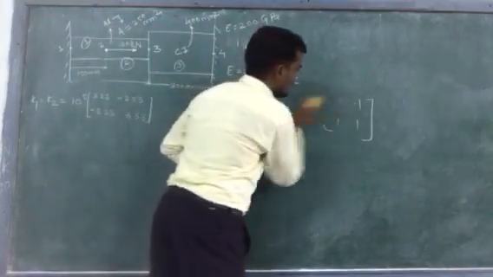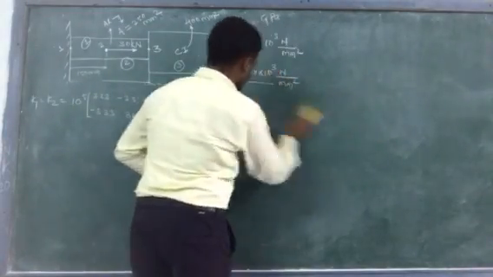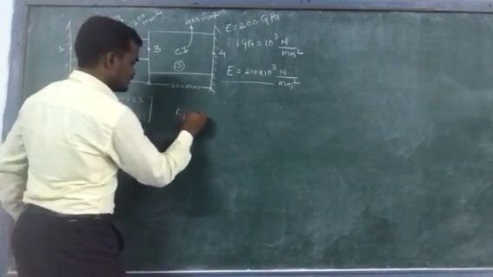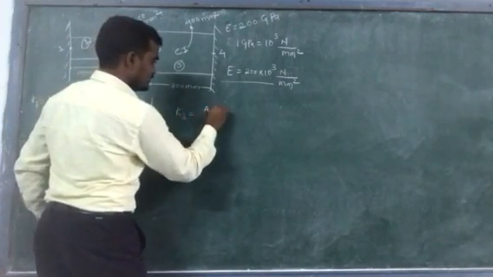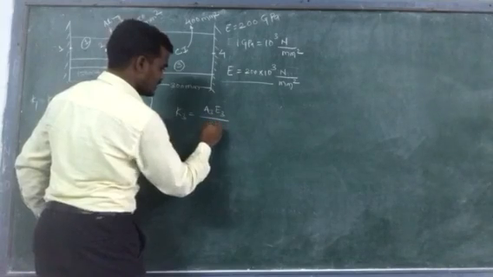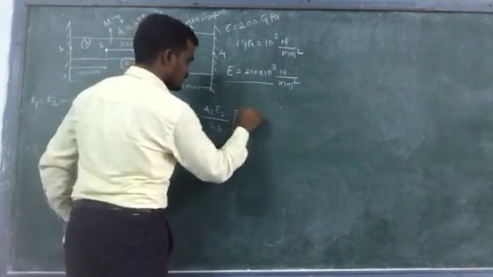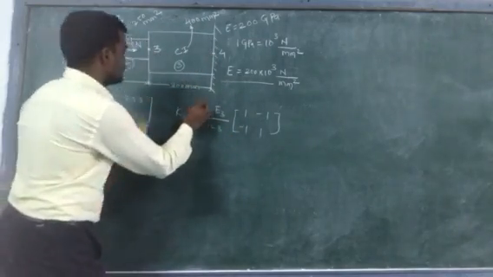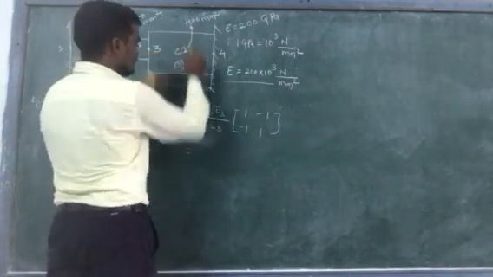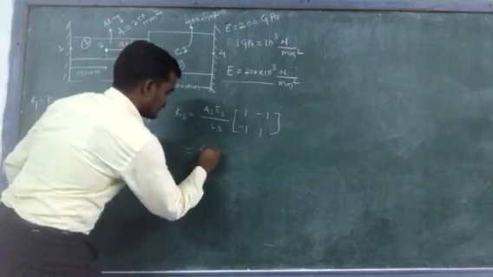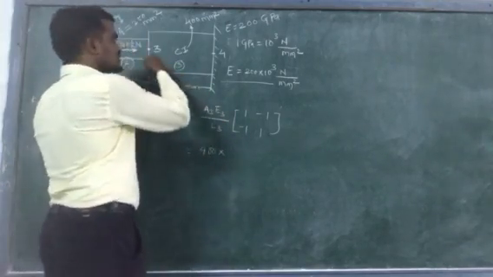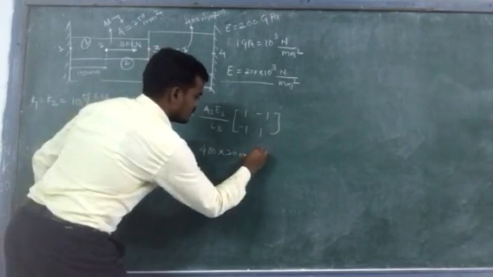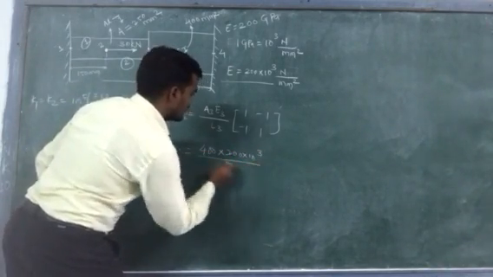Next, find out the third element stiffness matrix. So K3 will become A3 into E3 divided by L3 in bracket 1 minus 1, minus 1 1. A3 means this area, which is 400, into E3, which is the same, 200 into 10 raised to power 3, divided by L3.